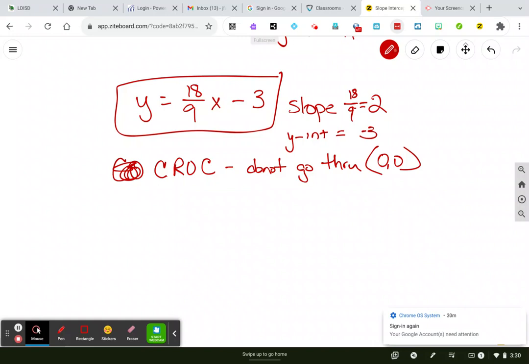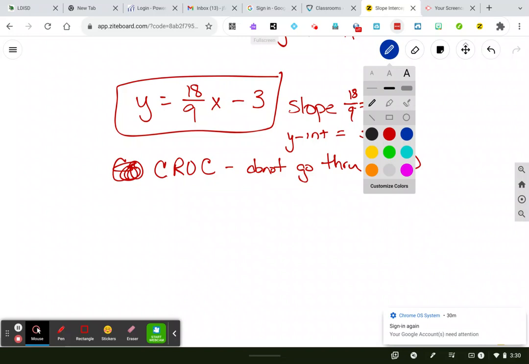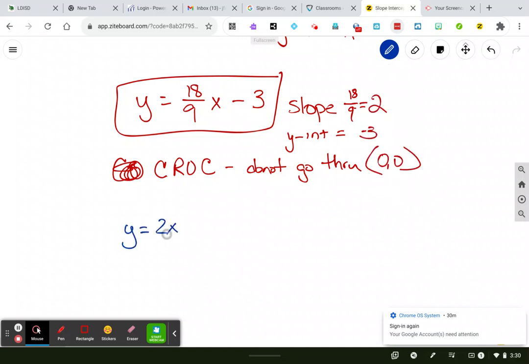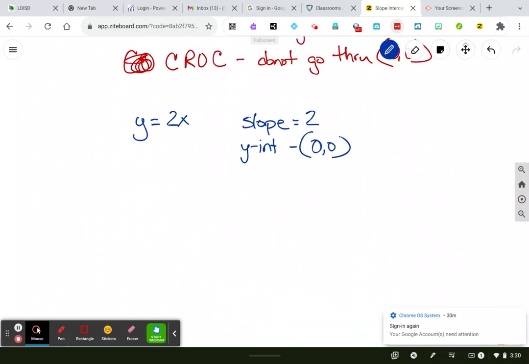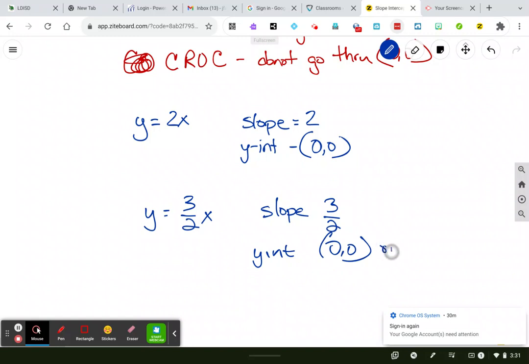But if you have one that looks like this, your slope is 2, and your y-intercept is 0, 0. Doesn't go through any other number. If I have y equals 3 over 2x, my slope is 3 over 2, and my y-intercept is 0, 0, which is the origin.